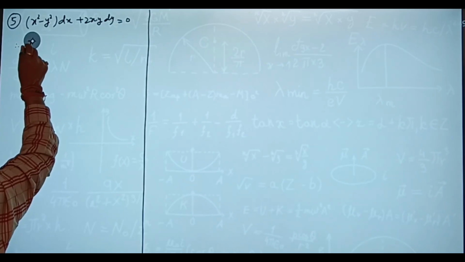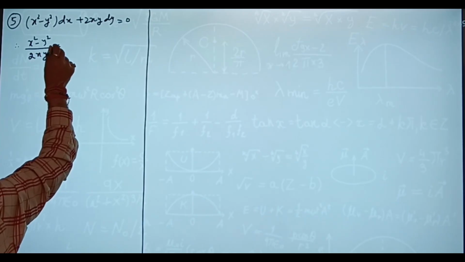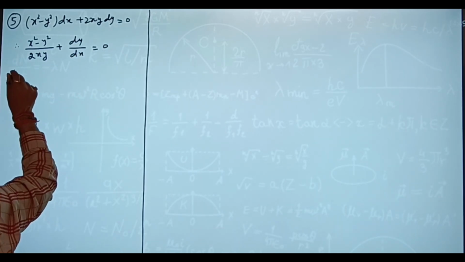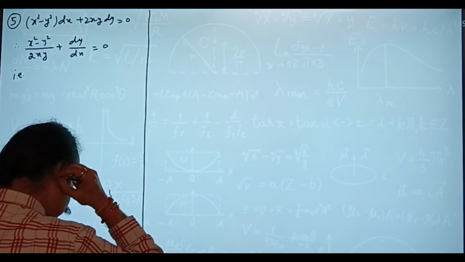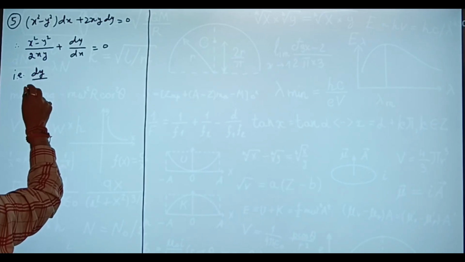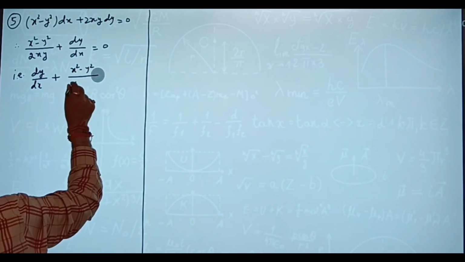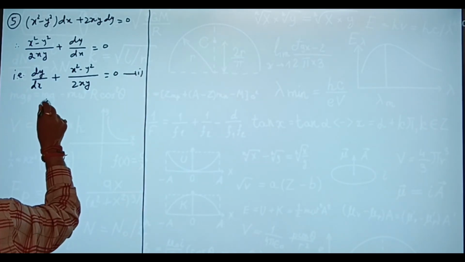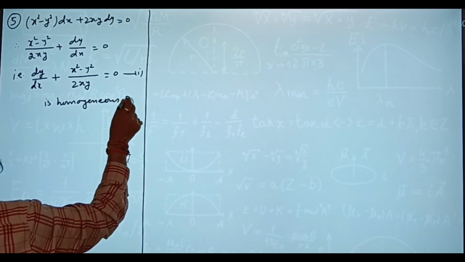Therefore, x square minus y square upon 2xy plus, that is dy by dx plus, is a homogeneous differential equation.